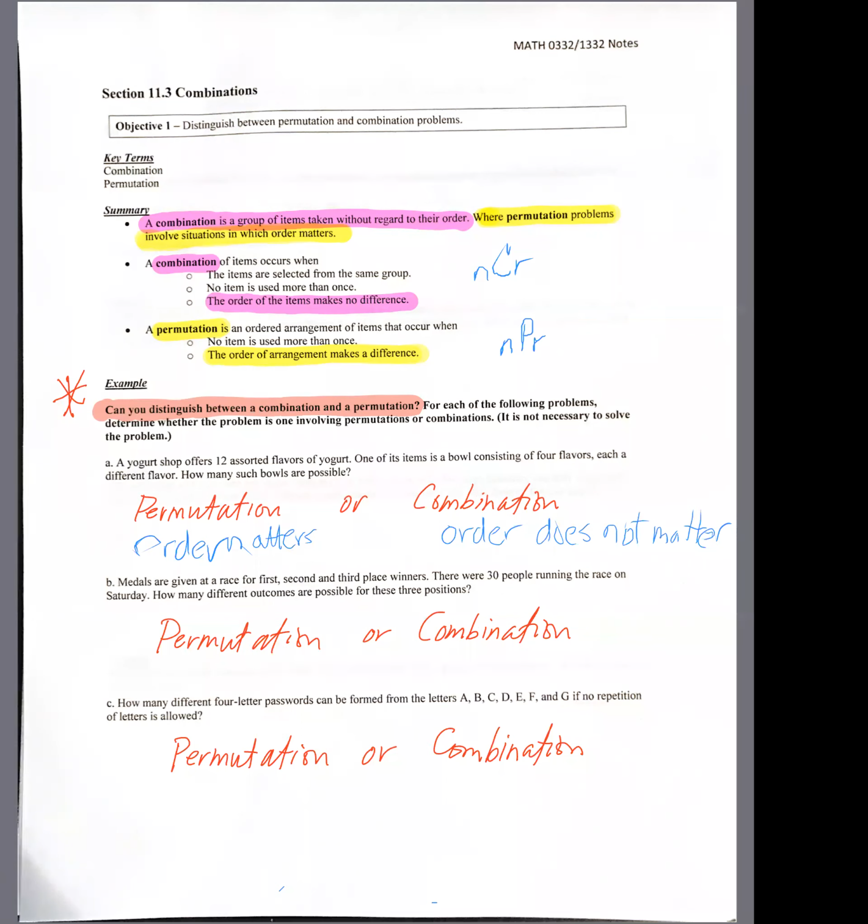Yeah, I'd say it does matter. Out of 12 assorted, there are going to be 4 flavors that you want to have. Okay. And so what if I went in there and scooped out the vanilla, then the chocolate, Rocky Road, and chocolate chip, in that order.